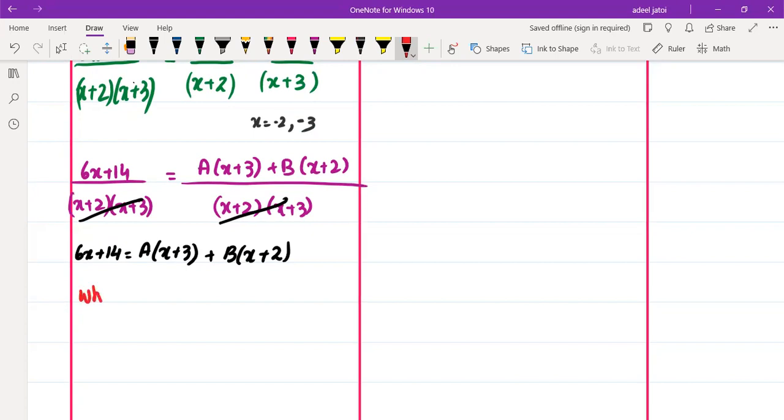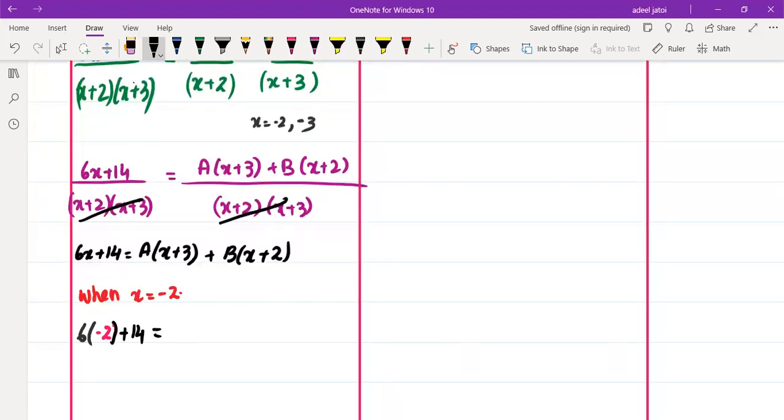So when x is equal to minus 2, can we say that 6x is what? Minus 2, and the entire equation remains same.